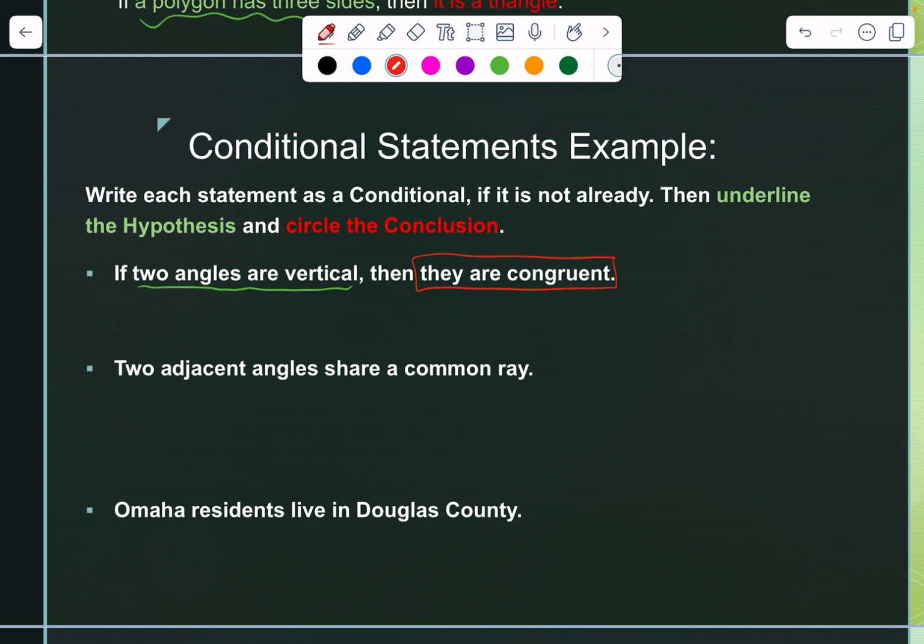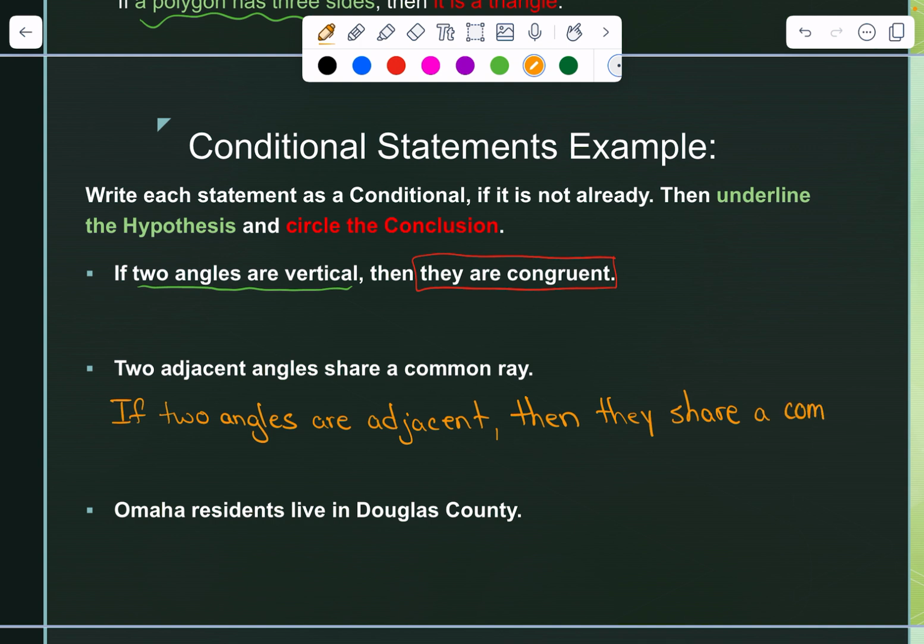Okay? Now, the second one, 2 adjacent angles share a common ray. That is not written as a conditional statement. So what we're going to do is start off and say, if 2 angles are adjacent, then they share a common ray.